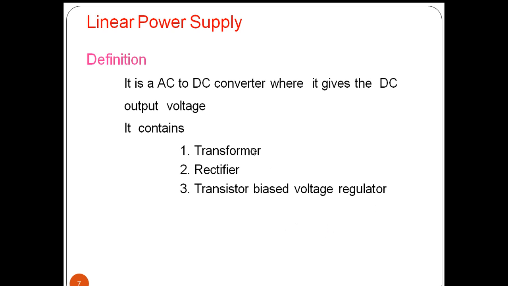The transformer and rectifier will convert this AC into DC, and the transistor biased voltage regulator handles any changes in the DC voltage.